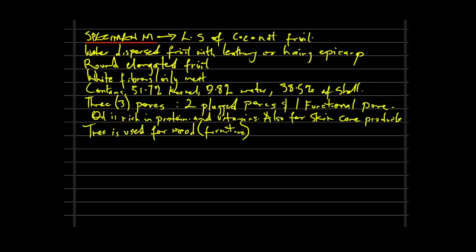Also, when we cut the branches of the tree, they can be woven together to form shades. Also, the hairy shell is combustible, which means you can use it to ignite fire. So those are the properties and the uses of specimen M.